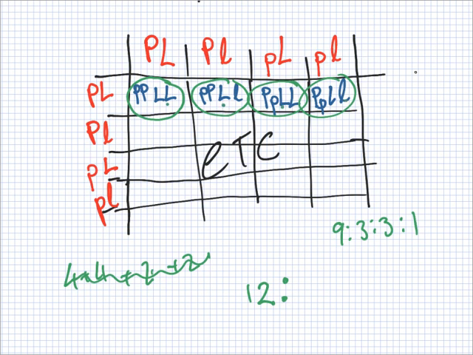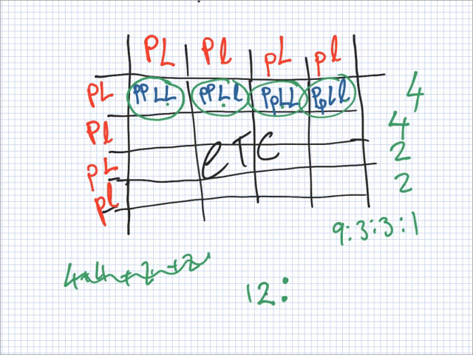How many here? 1, 2, 3, 4. How many here? 1, 2. How many here? 1, 2 as well. That's 12.